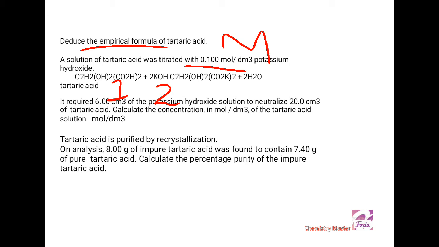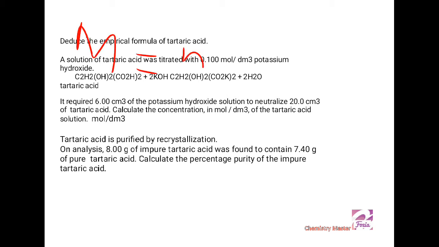First we see what are the moles available of potassium hydroxide. As you see, the moles can be calculated by molarity times volume. This is the only formula which relates the molarity, volume, and moles. Now, what is the number of moles?